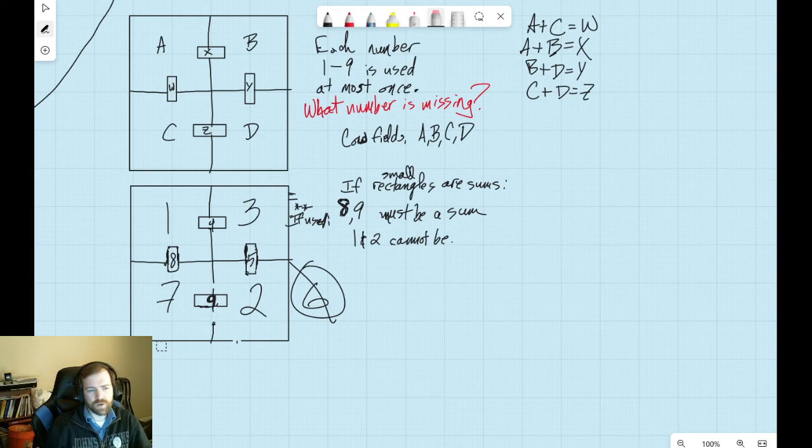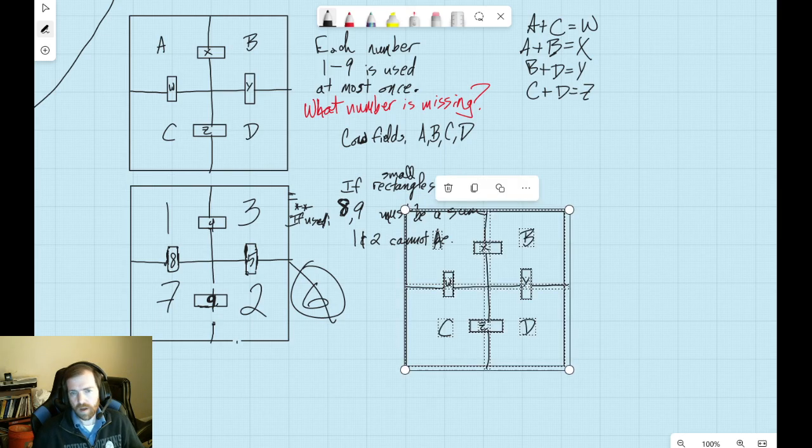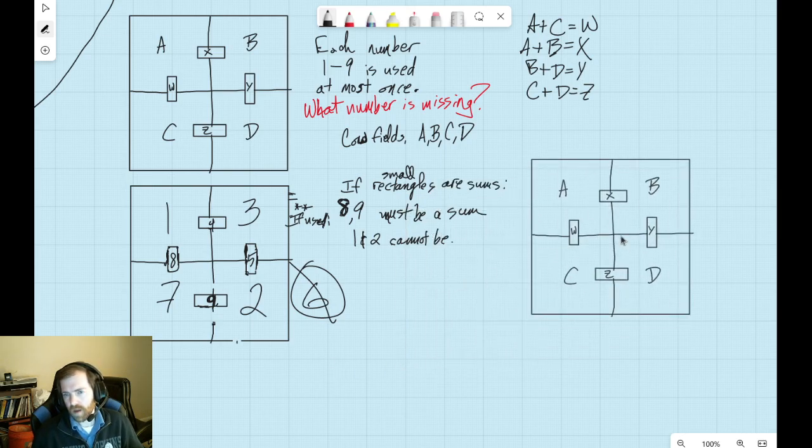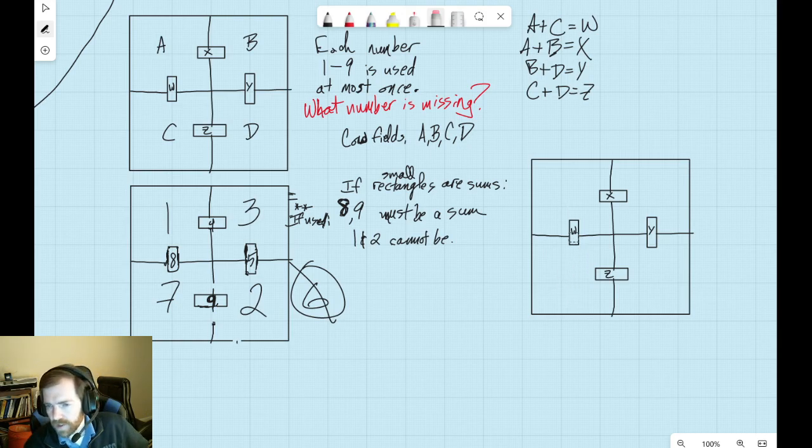Is there a solution without 1? Also a good question. So we could try. If we assume that 2 is going to be the lowest value, that means we can plug 2 into any of these particular fields. Just let that be our initial state.